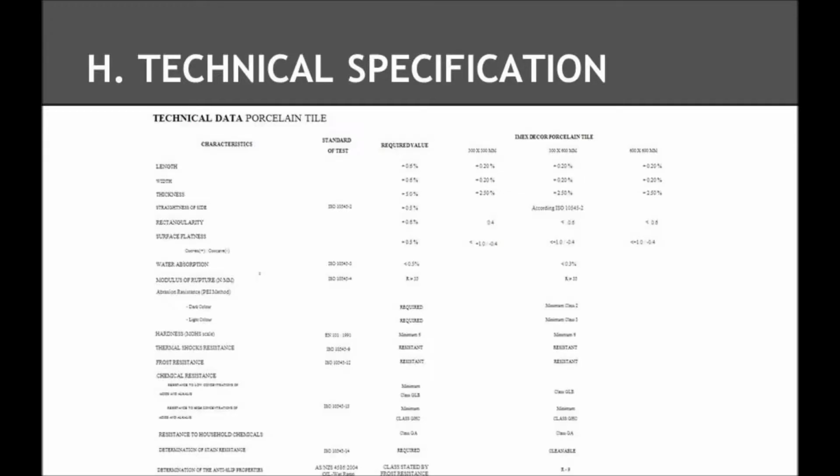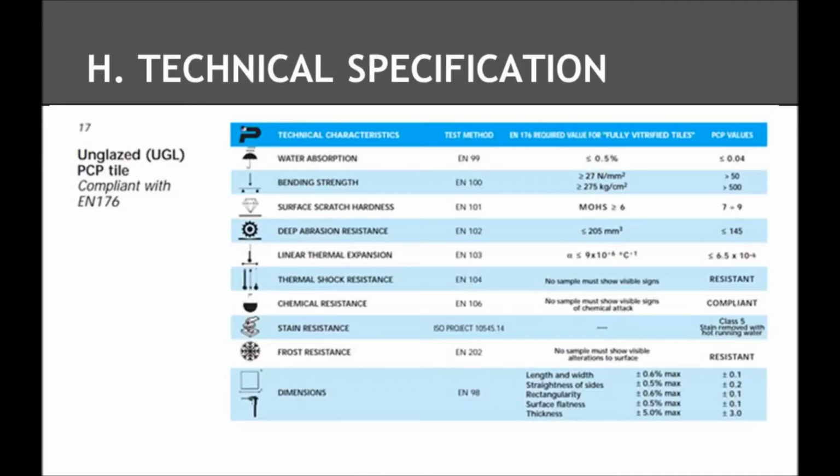Furthermore, this does not just end here. There are also very specific tables filled with so much data about the technical data of porcelain tiles, as shown here. To emphasize what has been stated previously, there are also technical specifications for every single type of porcelain.